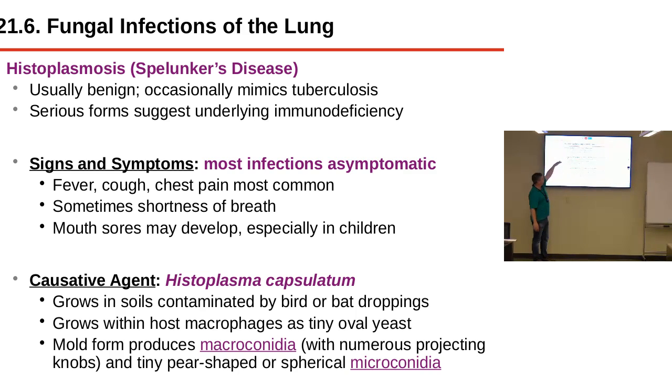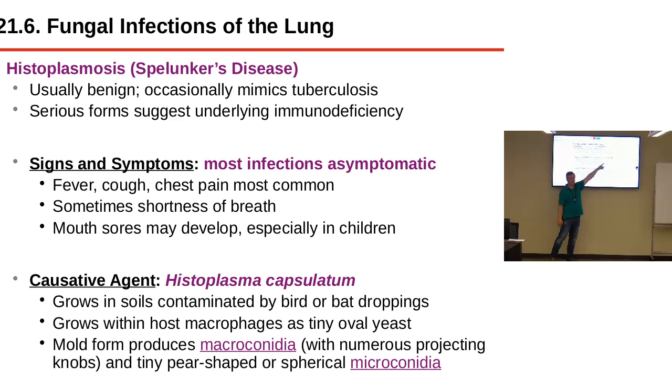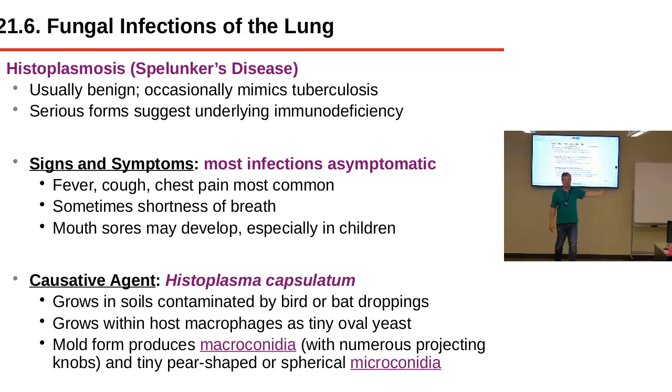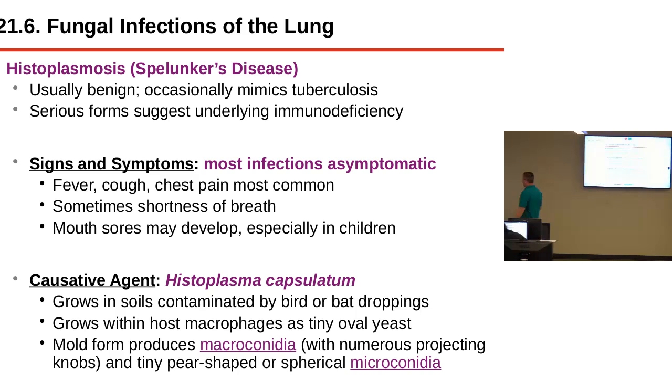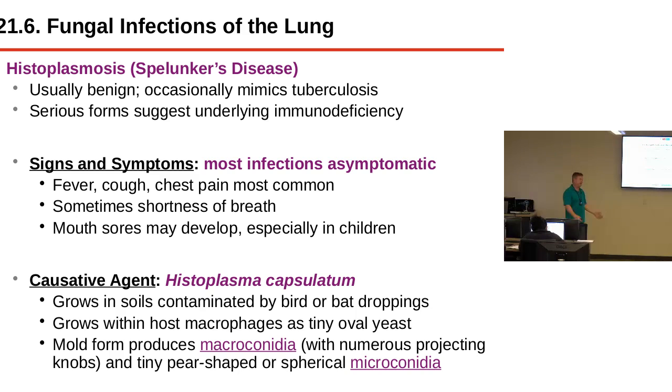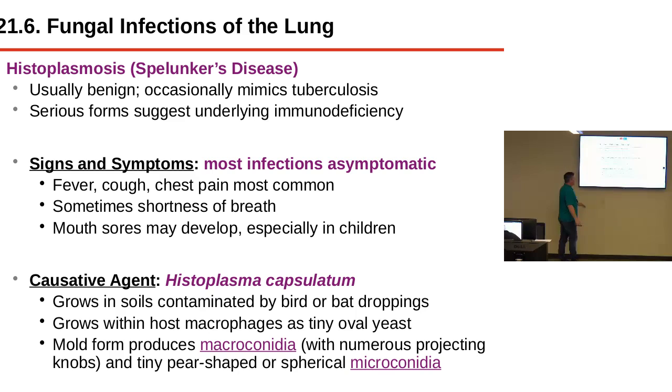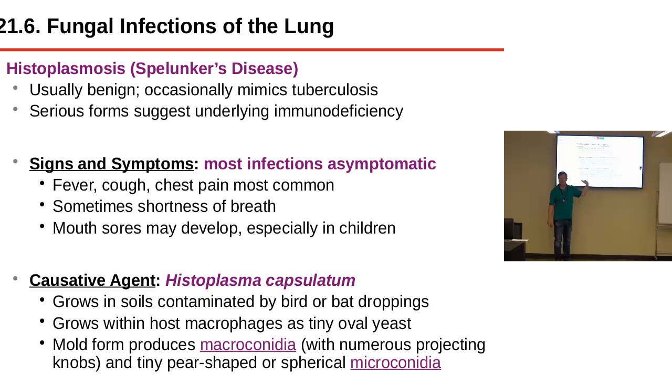Signs and symptoms, again, notice most infections are asymptomatic. And again, fungal infection. But the rest of them are going to develop something similar to other respiratory diseases. They may get some mouth sores that show up, which is kind of novel. So that would be a tell. That would be a good symptom for a healthcare provider to notice and say, well, this is something different than what we may have thought.